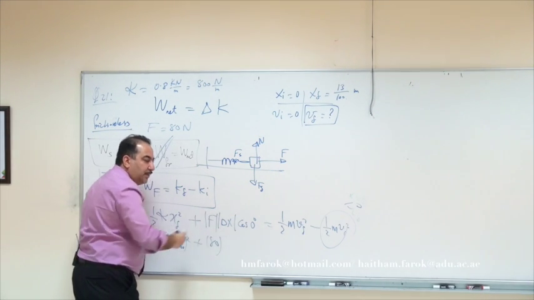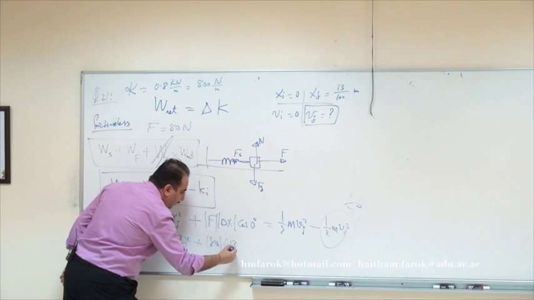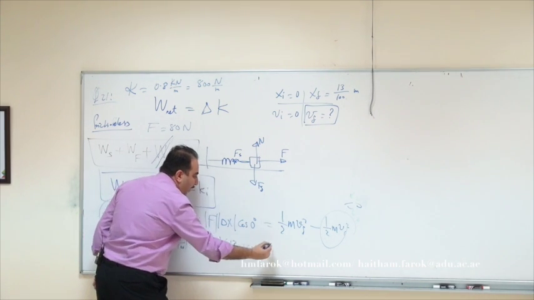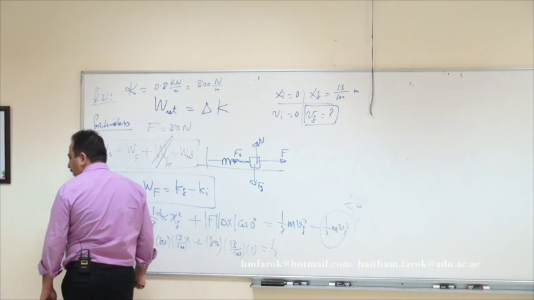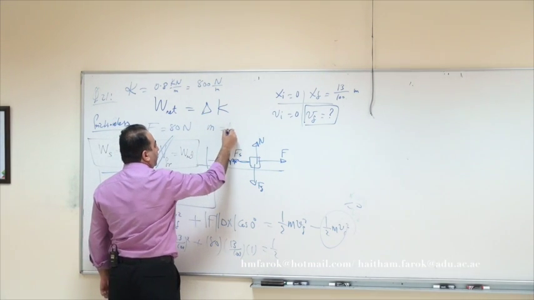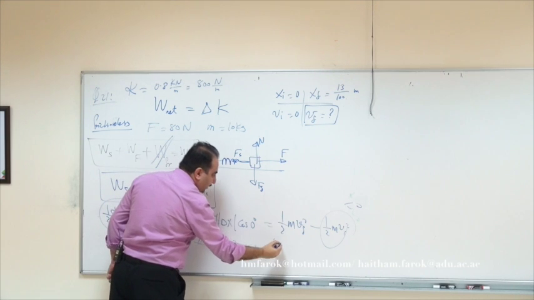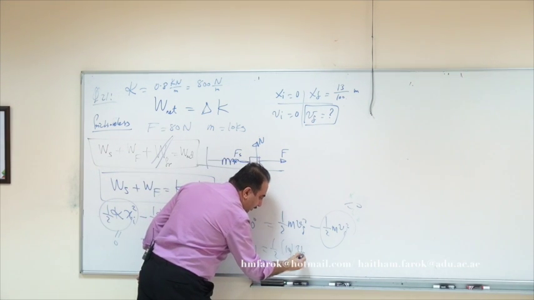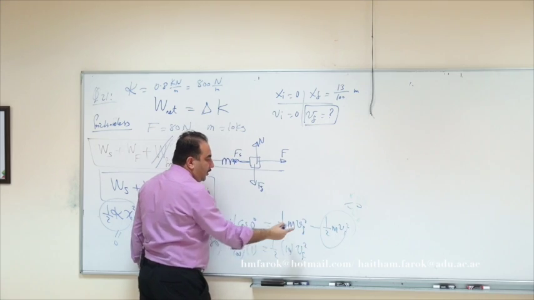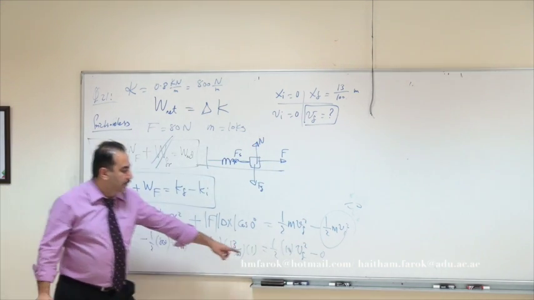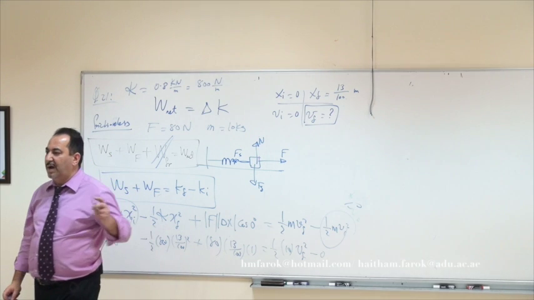What was the stretching of the spring? 13 over 100. Cosine 0 is 1. Half. The mass of the block, 10 kilograms. The mass was 10 kilograms. So it's 10. And the speed final needed, yeah? And that's 0, yeah? So what is the unknown? V final only. Find it.